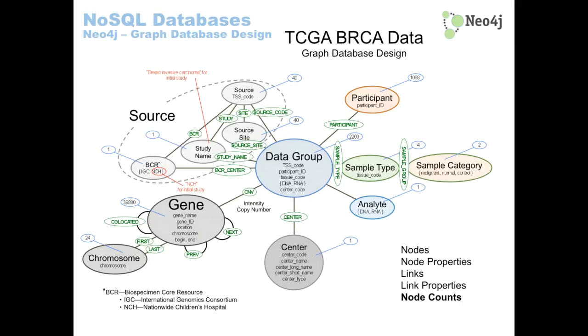So we're also interested in, down here among the genes, figuring out, if we have a particular copy number, what does the copy number of the previous gene look like? What does the copy number of the next gene look like? And so we may want to use this link to move along the chromosome and look at one gene and then the next gene that's physically located on the chromosome.